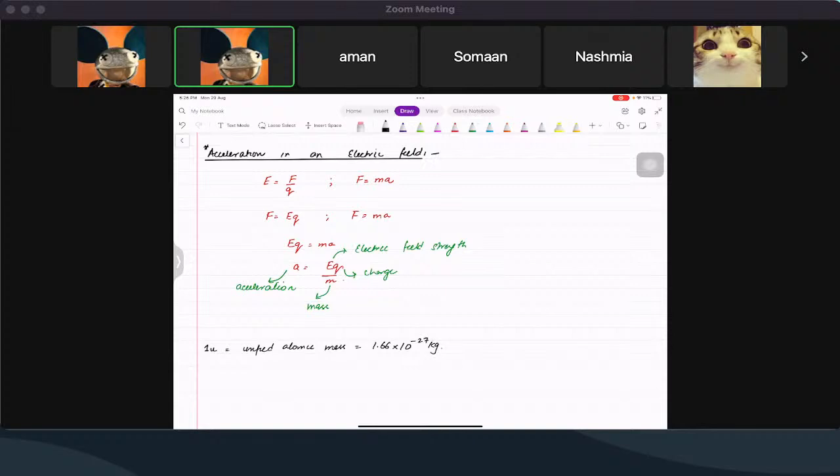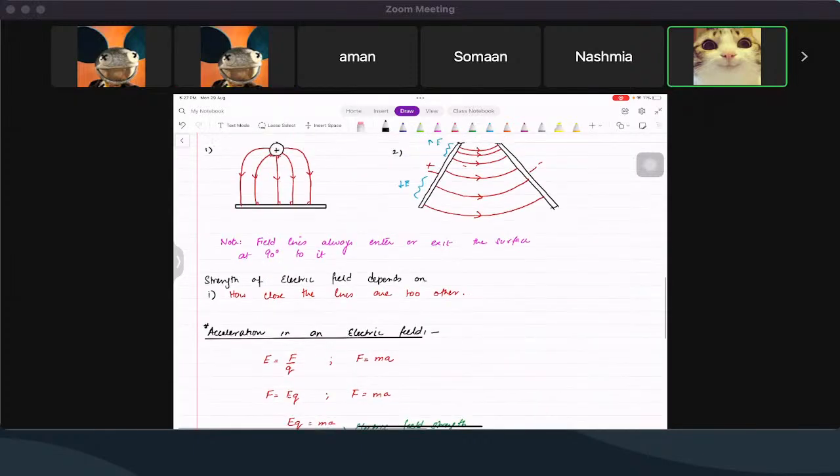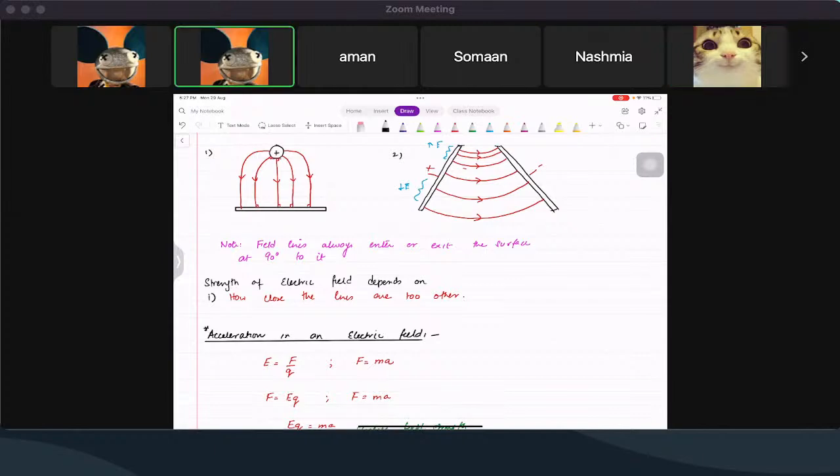Sorry? The heading above acceleration, is there only 1 point in it? Strength of electric field depends on, and only 1 point. Yeah, it basically depends on how close.